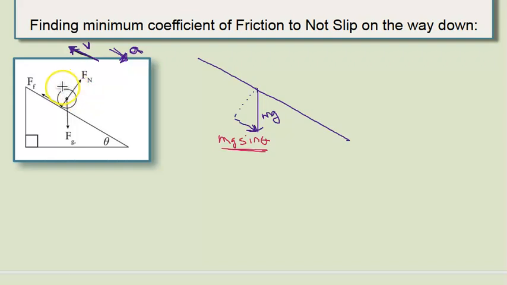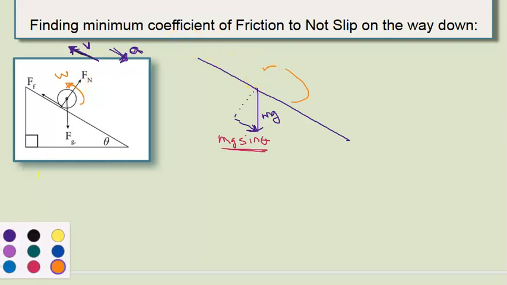Let's make this orange. Okay. So if it is going up the ramp, that means that it is rotating this way, right? Hopefully that makes sense, that it is rotating and translating up the ramp. So if it is rotating counterclockwise, in order to slow down rotationally, alpha needs to be clockwise.